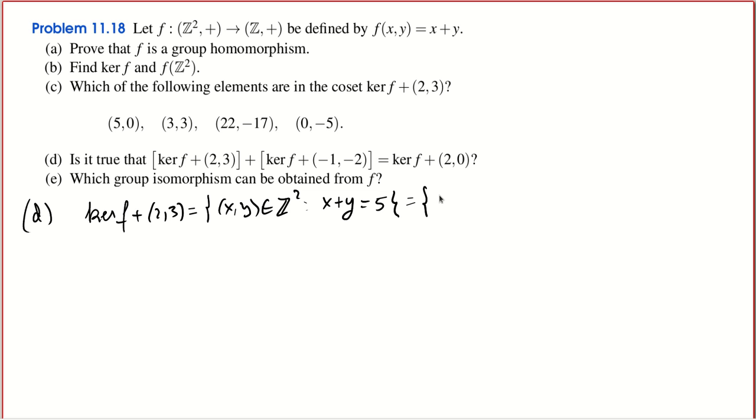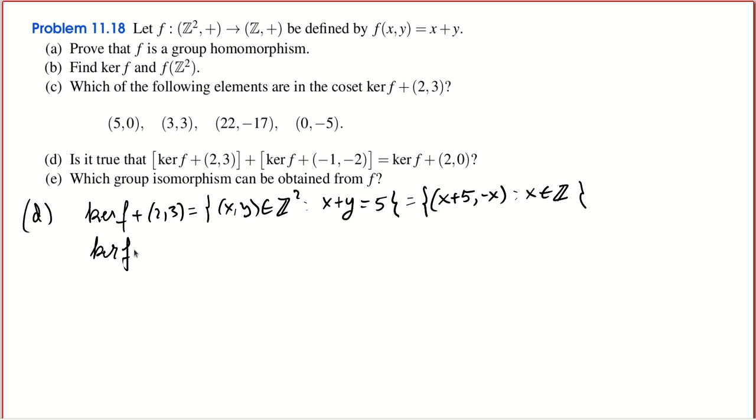Written in a different way, it is all pairs of the form (x + 5, -x), where x is an integer, because this is the general way to express all the solutions of this equation here. So this is this one.